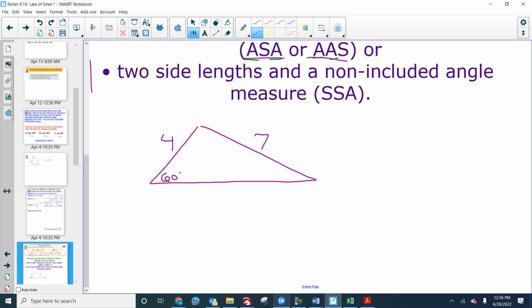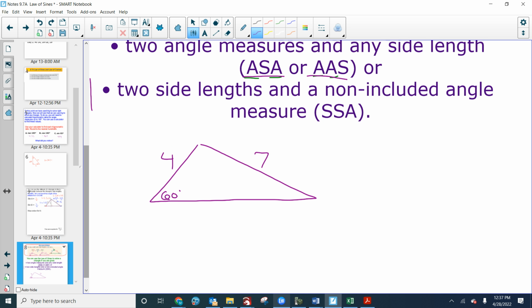You thought I was going to say that word. That is a classic angle side right there. Now, did I prove any triangles are congruent by this? No. But can we solve this triangle? Yes.